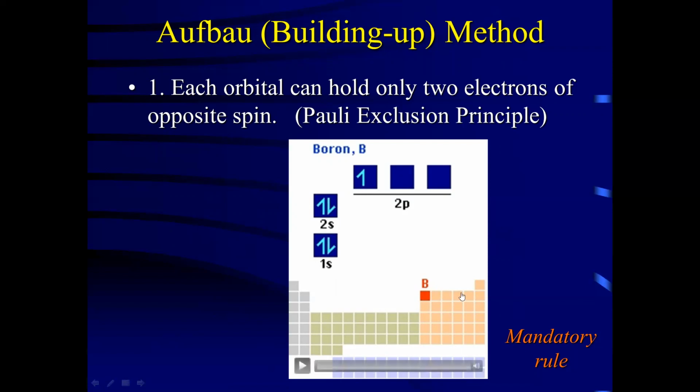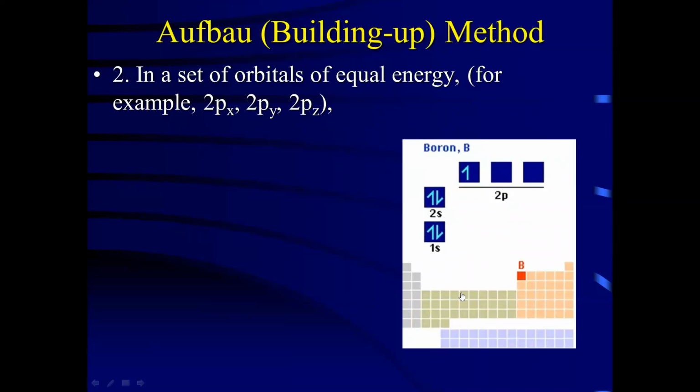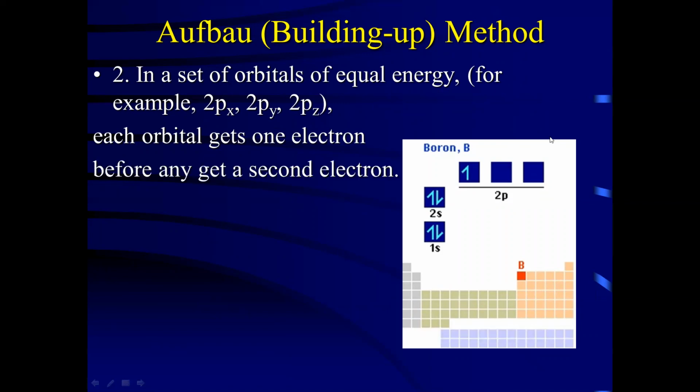So, okay, let's see. The second statement said, in a set of orbitals of equal energy, for example, if we have these 2px, 2py, and 2pz orbitals, there are 2 ways to fill. After I fill this electron, if I have 1 more electron, I have 2 ways.